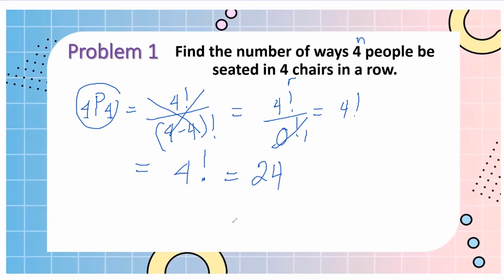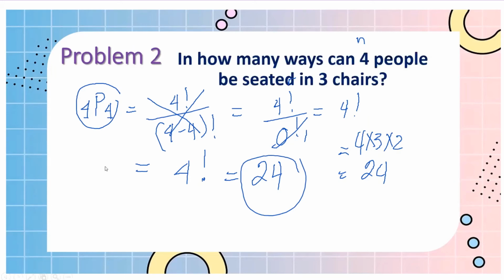Or, if you don't have calculator, ganito na lang gawin mo. 4 times 3 times 2 times 1. Kasi going down, you have to multiply. So, 4 times 3 is 12 times 2, 24. So, 24 yung sagot. Okay na yan? Question? Sige, next.